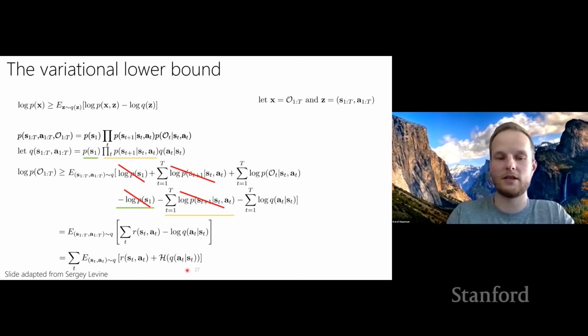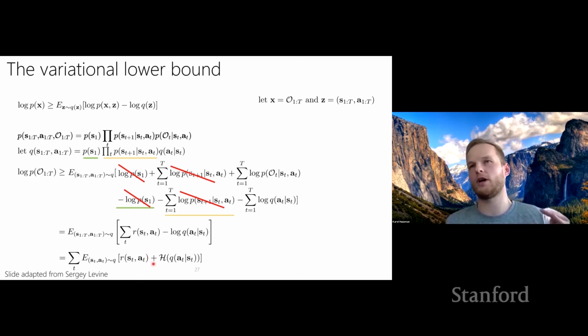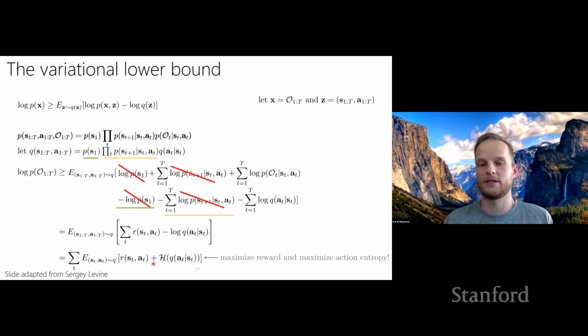So what that means is that if we're trying to be optimal, given that probabilistic graphical model and that variational inference, we will be optimizing the rewards, but not just the rewards, which is what we would do in standard reinforcement learning, but we will also add to that objective the entropy of the policy. So what that means is that the policy is trying to stay as wide as possible, right? It's trying to not be committed to any solution, it's trying to be wide. So what that translates to is that we're trying to maximize the reward and maximize the action entropy.